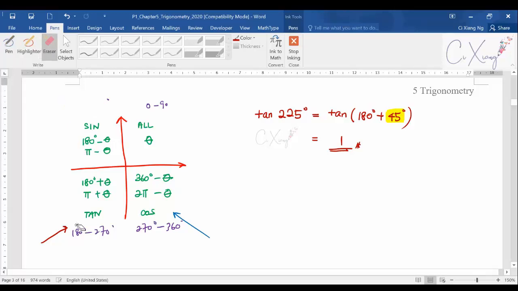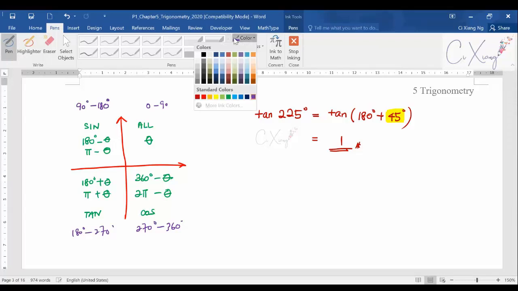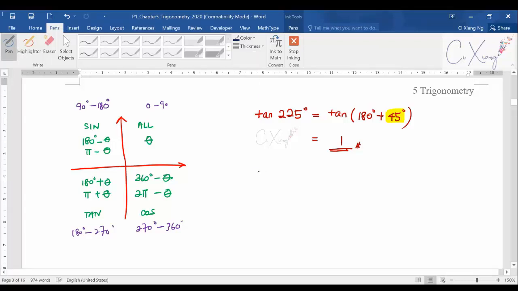Okay, all right. Okay, so maybe more example to let you roughly have the idea better. Okay, how about if let's say I want you to get the answer for maybe cos 240 degree.